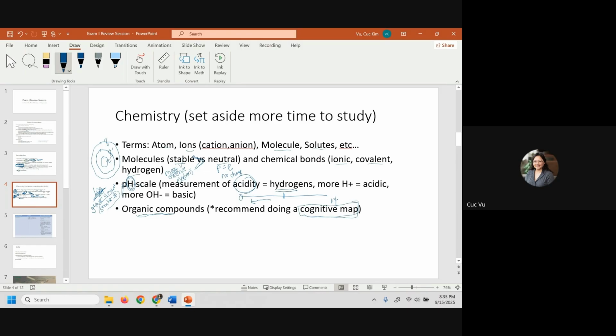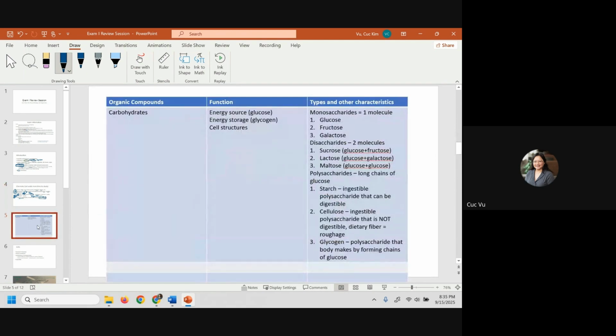A cognitive map helps you organize the content in a way that you can easily recall. That's why the worksheets are so full of cognitive maps. Here's an example of one. The carbohydrates. You can fill this out for the rest of them: lipids, proteins, and nucleic acid. I just filled out the carbohydrates for you.